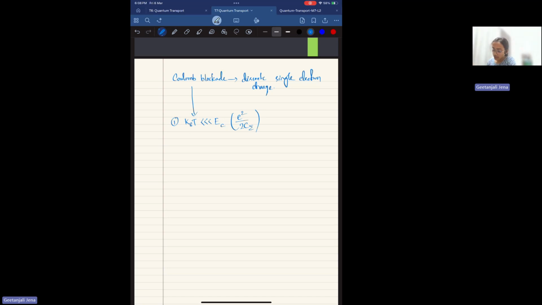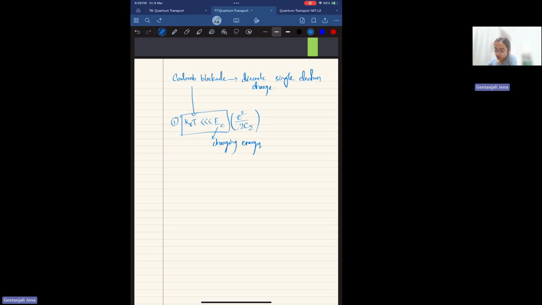To see this Coulomb effect, we need the thermal energy to be much, much less than the charging energy, which we call E_C. It will ensure that there won't be any fluctuation in the charge because of thermal energy, because thermal energy will smear out the oscillation in the current. So we won't see the discrete nature of this charging effect if the thermal energy is greater than the charging energy.